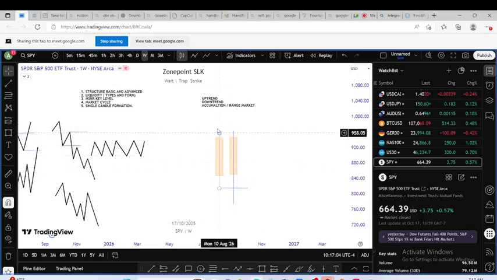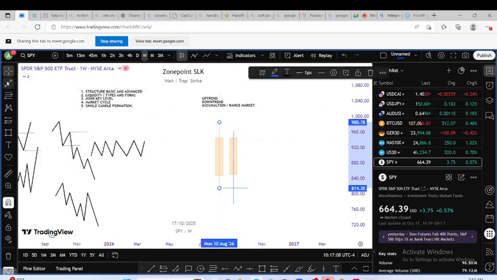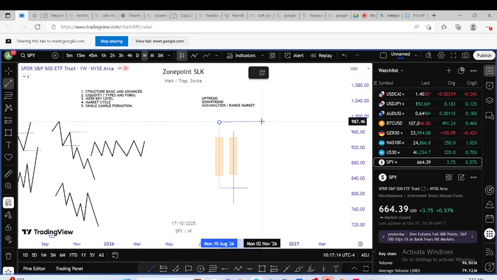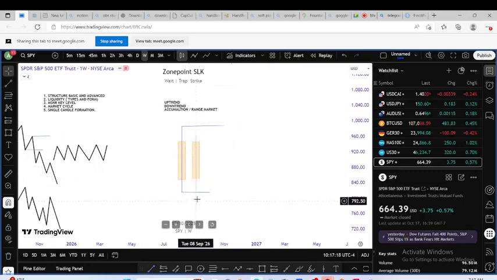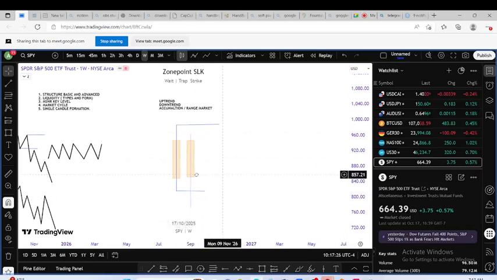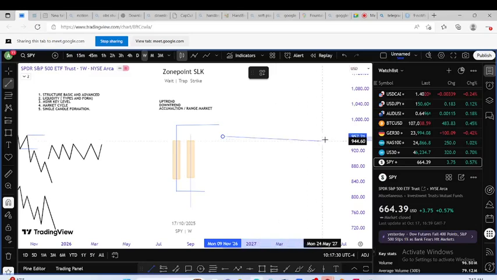Okay, we know after price swept this level here, we are expecting it to come to this level here. But on this monthly time frame, price swept this, we know it's going to come and take this.